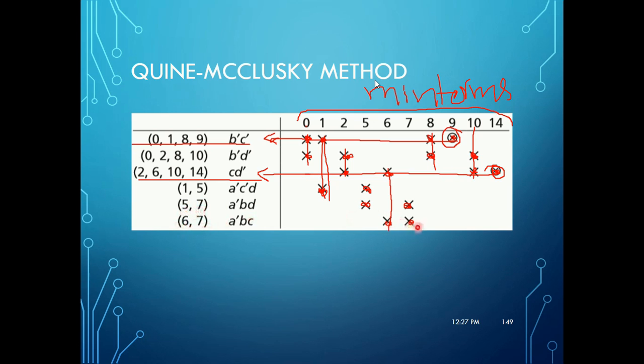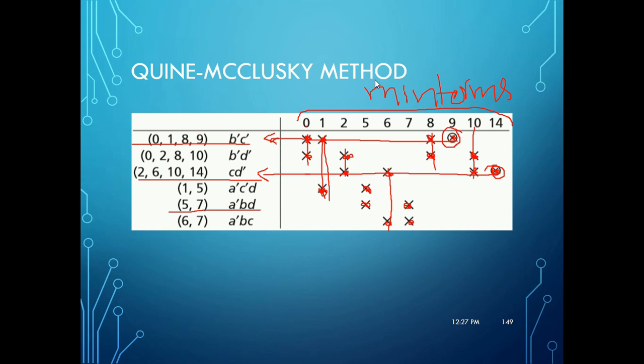To include 7, if I choose this expression, 6 is already included in CD bar. So that's why I don't take the two expressions 1, 5 and 6, 7. I take 5, 7 to the final expression. So here 5, 7 is being included for the final expression.